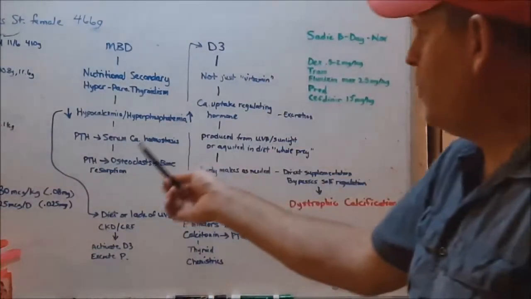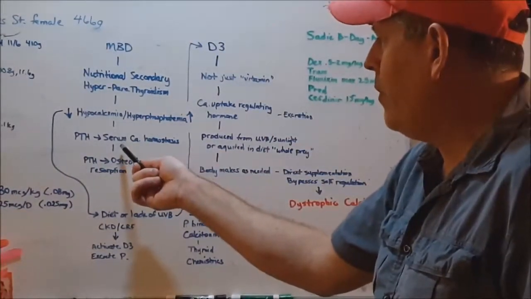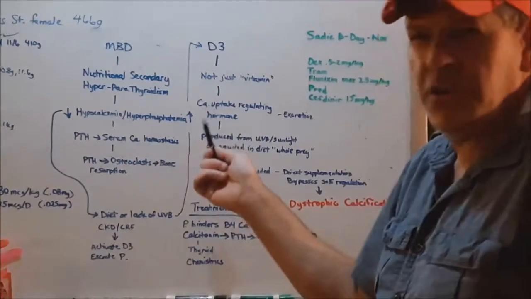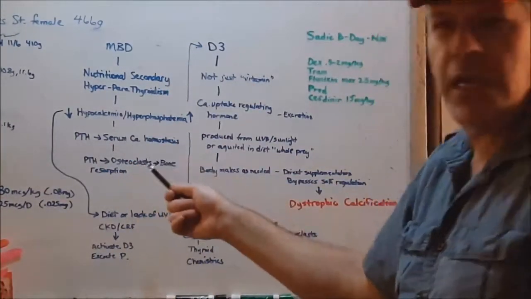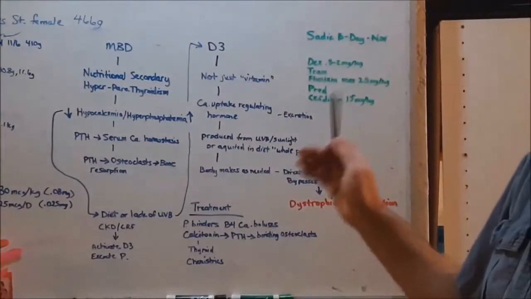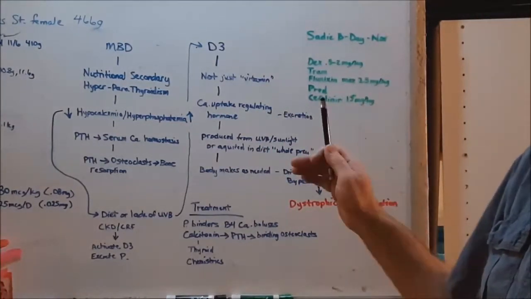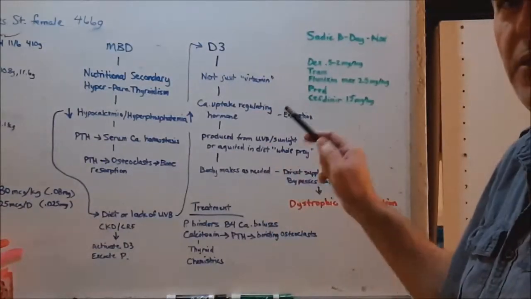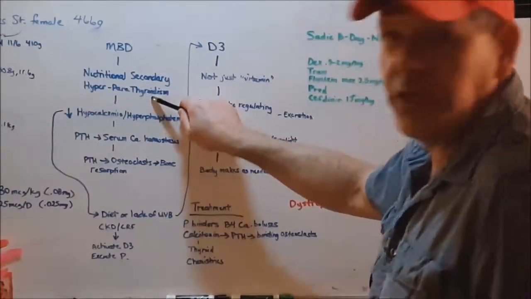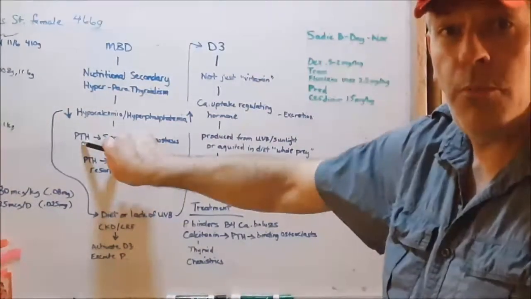What it's trying to do is maintain a proper serum calcium homeostasis. Your body is trying to maintain high enough levels of calcium in the blood. If there's not high enough levels of calcium circulating in the blood, the parathyroid gland produces parathyroid hormone.